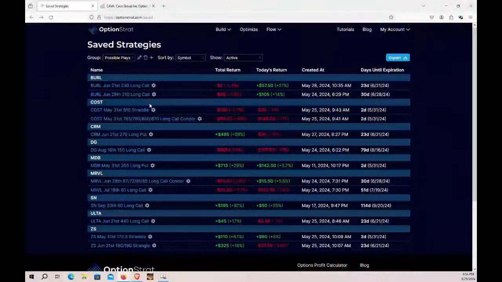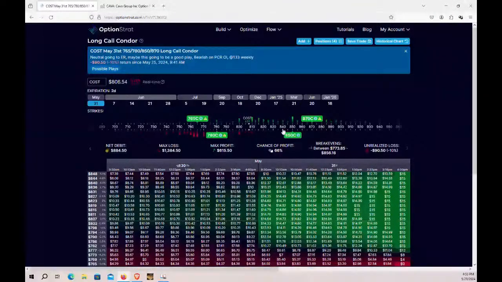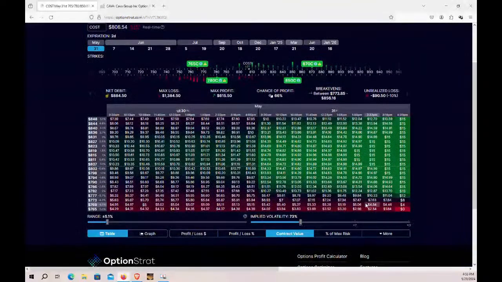And Costco, I think Costco is not gonna move, but I did the Strato in this long. Let's see if this works, because I think it will be inside this price range over here. If it stays inside this price range, we have down to 3%. If you go up 5%, we're good. It cannot go down more than 5% or it's break even.